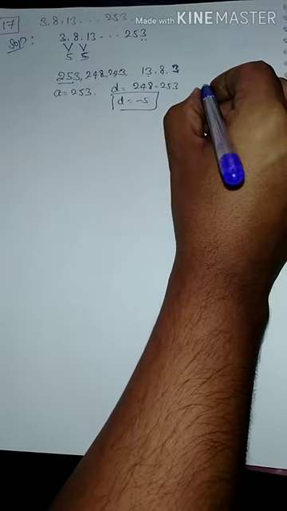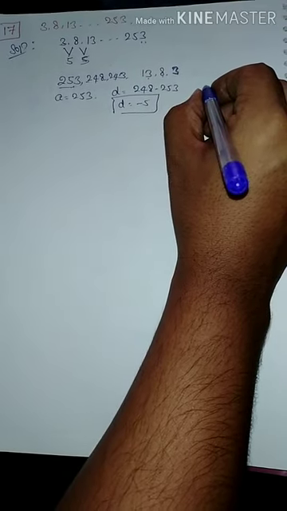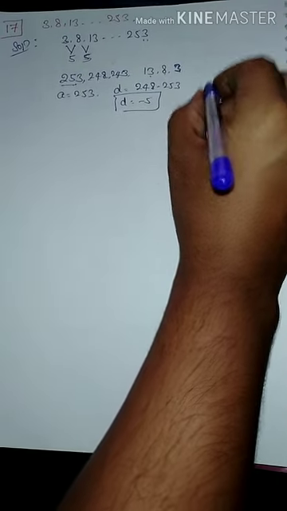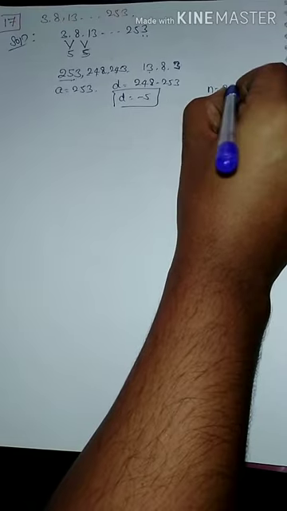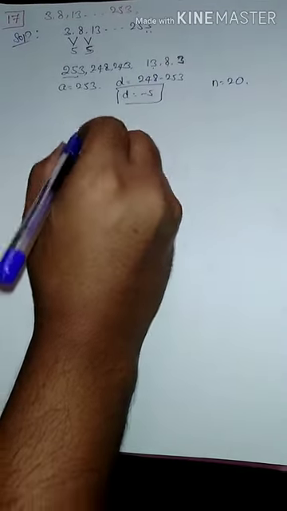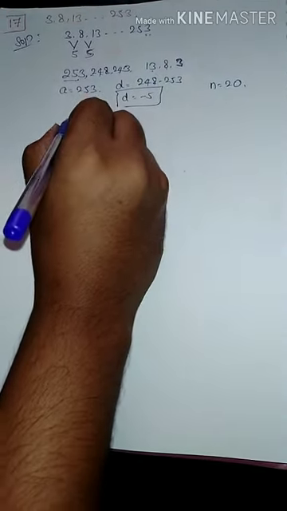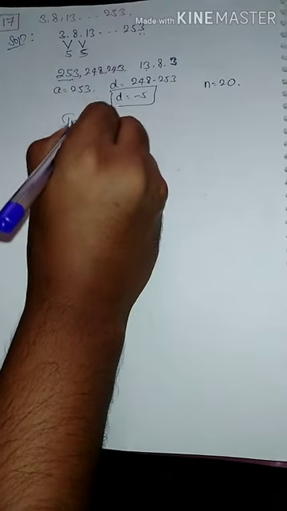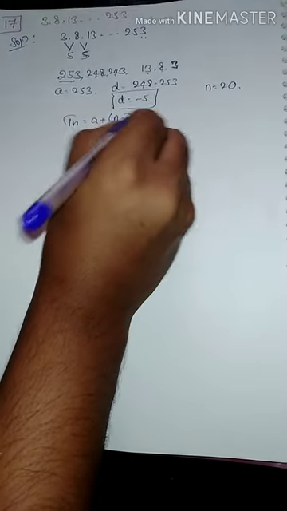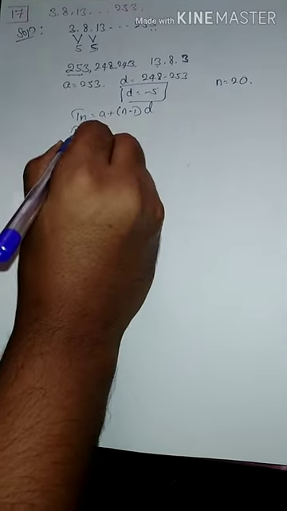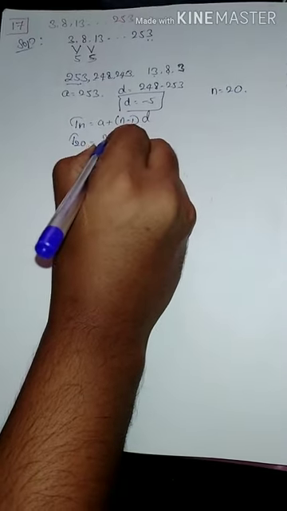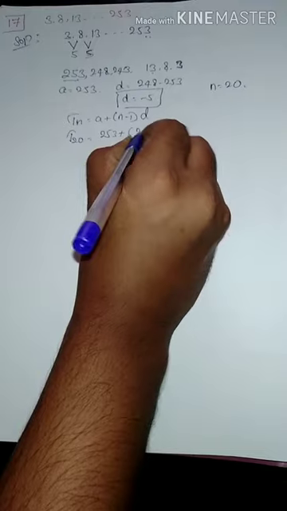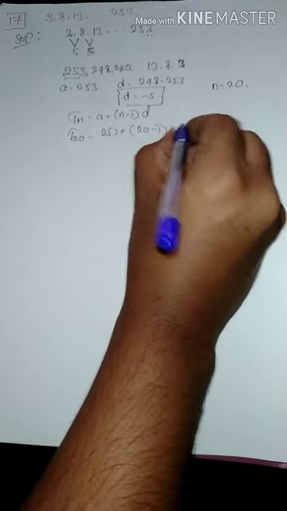And we need to calculate the nth term of the AP. We need to calculate the 20th term of the AP. So n is equal to 20. Therefore, using the nth term formula, we get Tn is equal to A plus n minus 1 into D. So n is 20, A is 253, plus n is 20 minus 1, and D is minus 5.